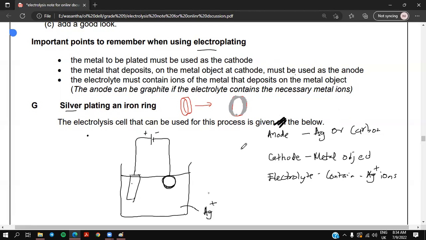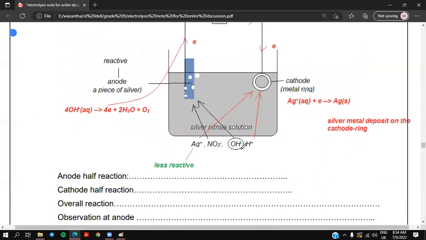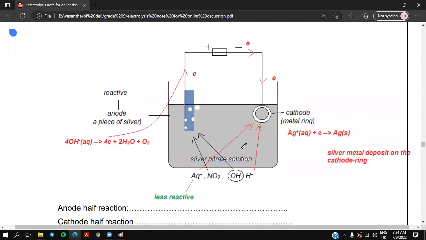Let us discuss one example under electrolysis, silver plating, under electroplating. This is a diagram. I want to deposit silver on a metal ring. Just observe the diagram a little bit. I think we had to remove this part.